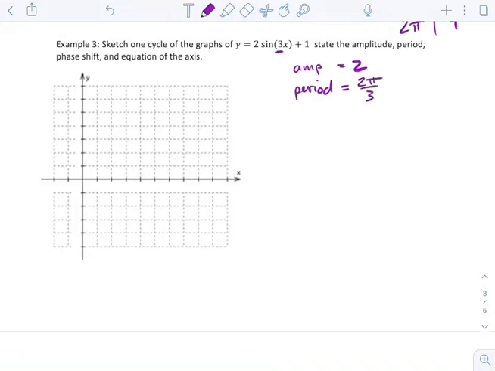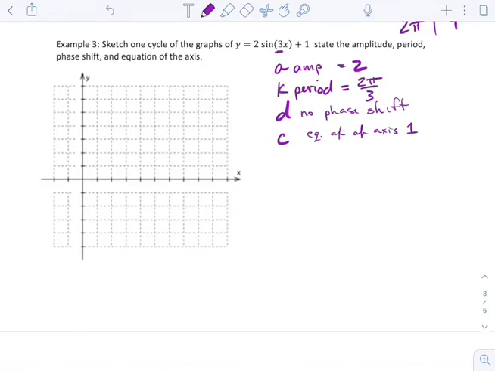No phase shift happening here because we don't have a d value. And our c value, our equation of the axis, is 1. Okay, this was our c, that was d. This one incorporated k, was on the bottom, and a.